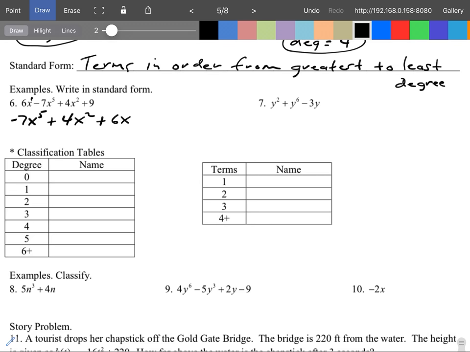And then my last term would be my 0 degree term, which was my constant. That's 9. That's a positive 9, so it's plus 9. So that's what it means to put it in standard form. You just write the polynomial with the terms in order from highest degree to lowest degree.